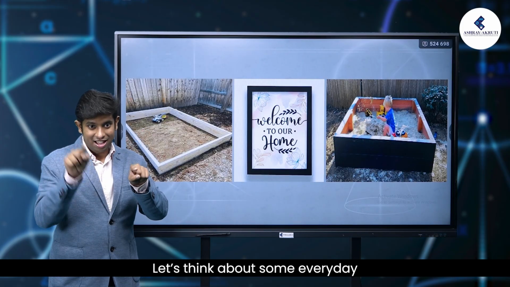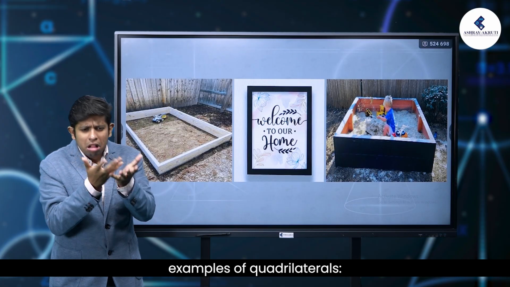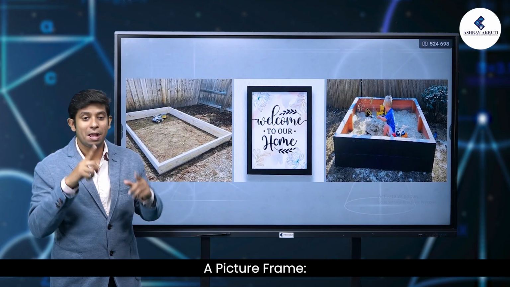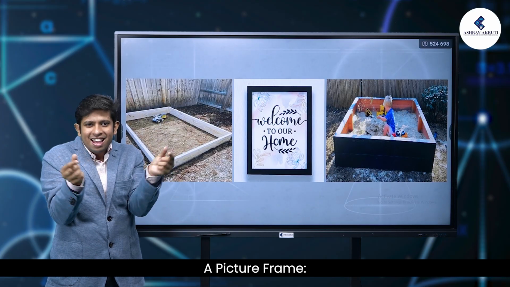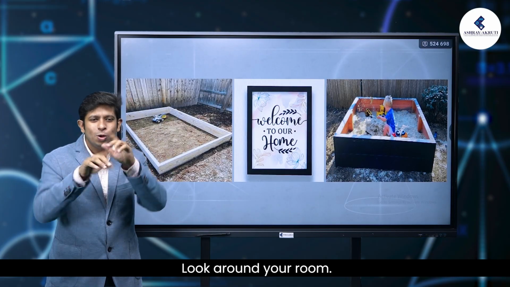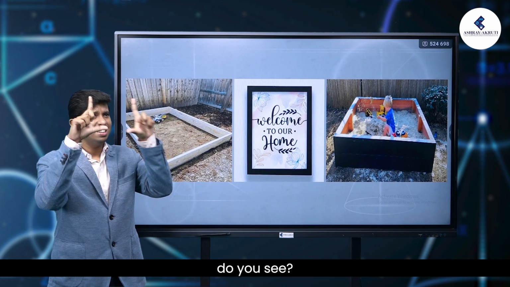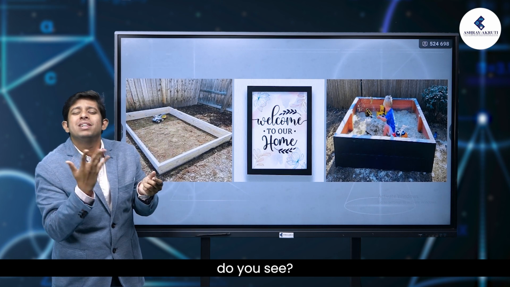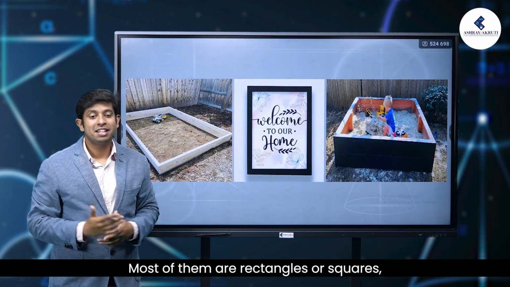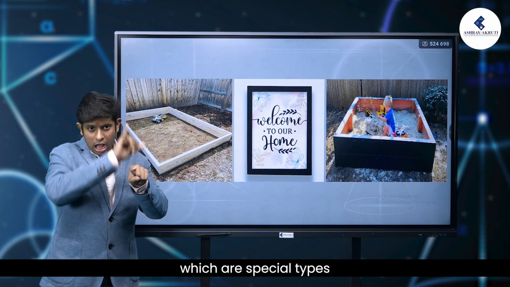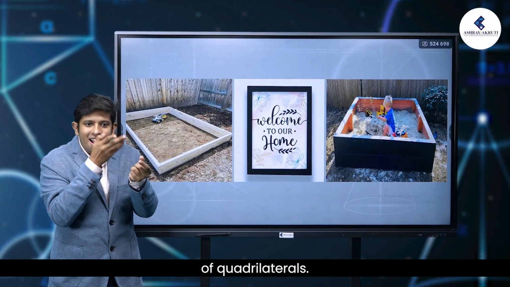Let's think about some everyday examples of quadrilaterals. A picture frame. Look around your room. How many picture frames do you see? Most of them are rectangles or squares, which are special types of quadrilaterals.